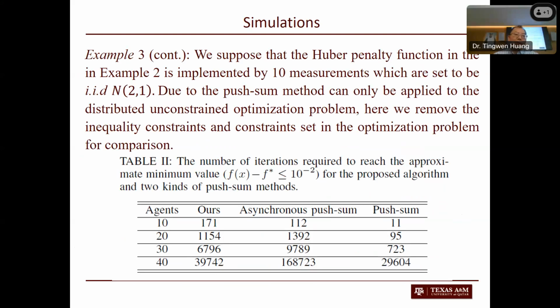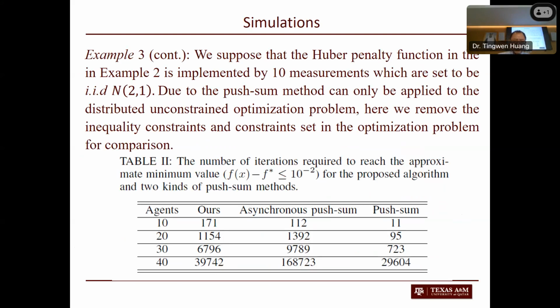Since the push-sum method cannot apply to the constrained optimization problem, it can only apply to the distributed unconstrained optimization problem. So when we do the comparison, we need to remove the inequality constraints and the constraint sets in the optimization problem.